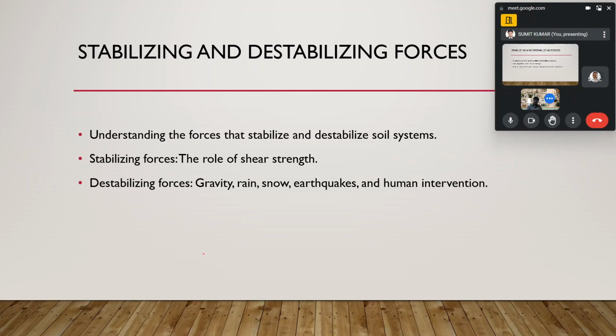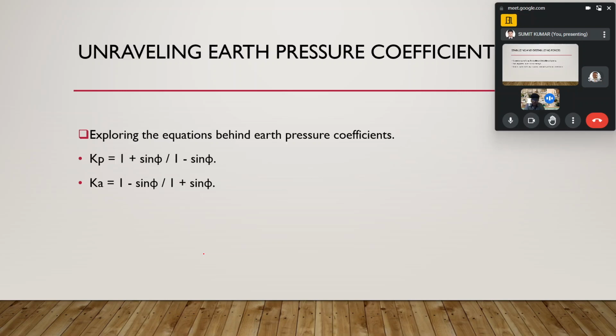The basics behind why we call this active and why we call this passive also need to be understood by you. So first of all I will draw that for you.